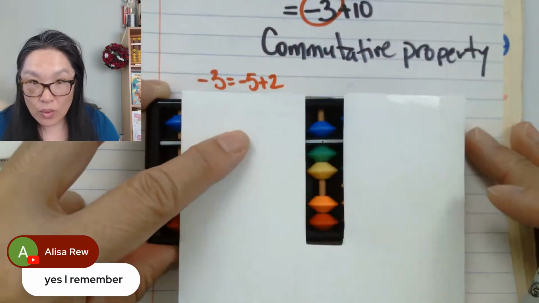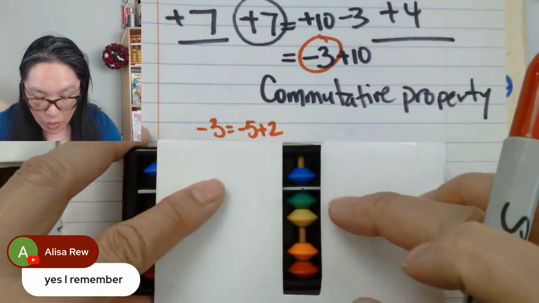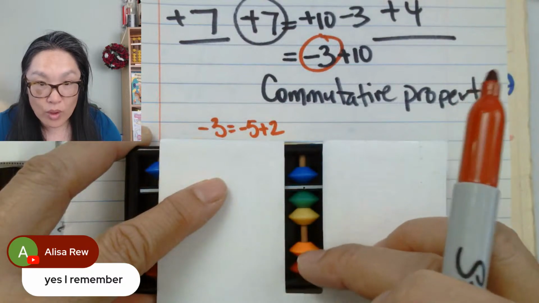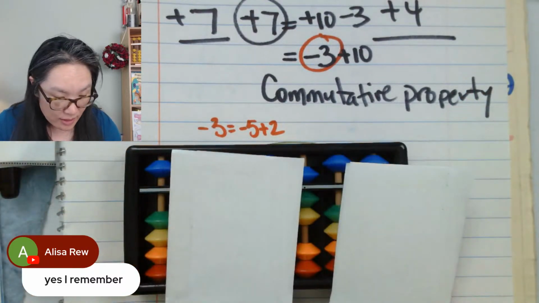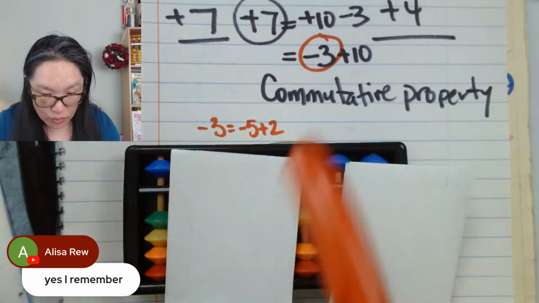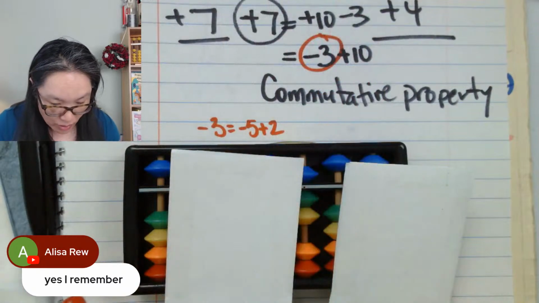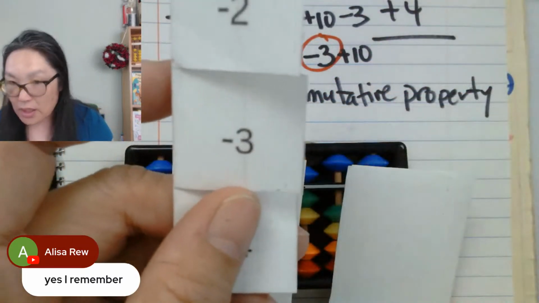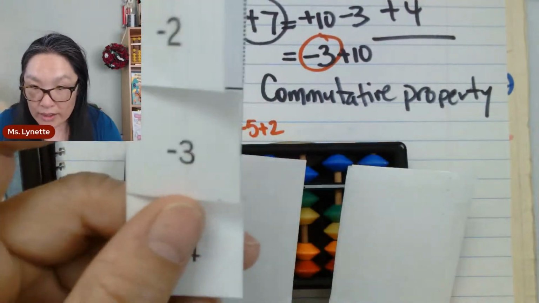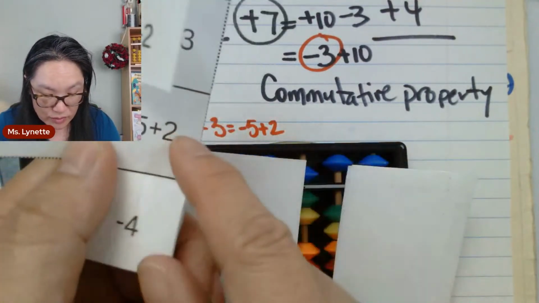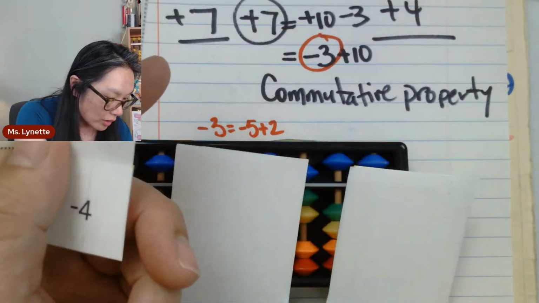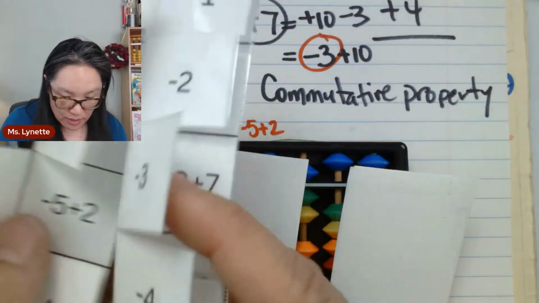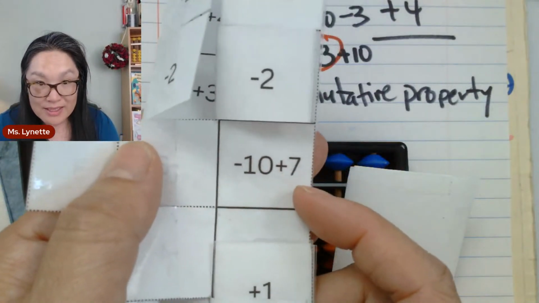We know this. Why? Because the question is, if I cannot minus a 3, what else can I do? In our world in abacus, we know when we minus a 3, there's two sets of equations. One is minus the 3 is equal to minus the 5 plus the 2, or the other one is minus the 10 plus the 7.